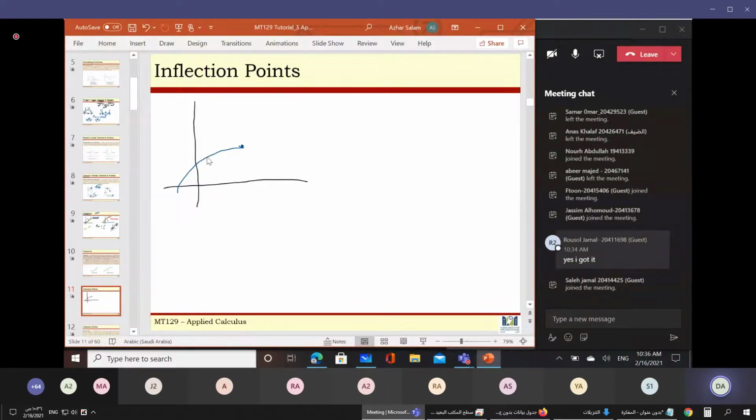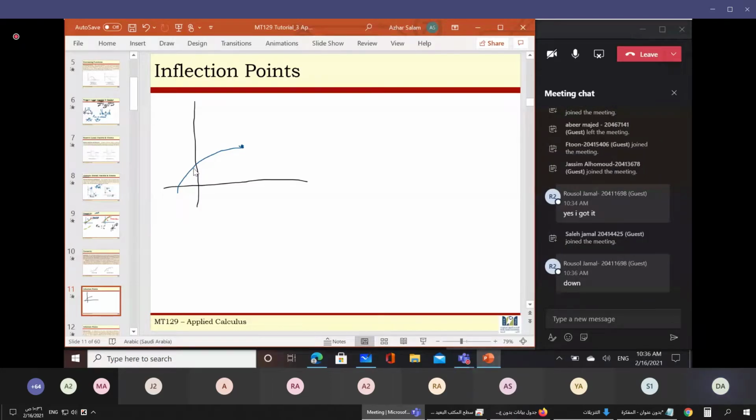Is this concave up or down? Yes, it's concave down, right? Until this point, it will change. Okay.